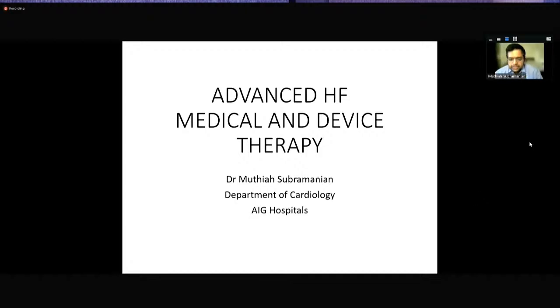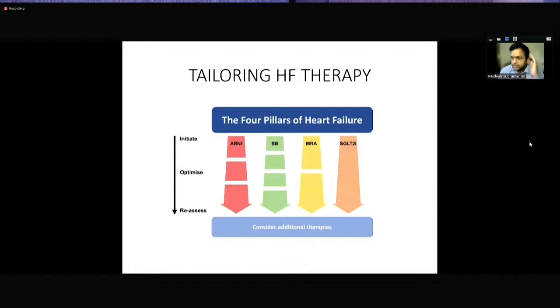Sure, sir. So I think we're just setting the stage for subsequent discussion on who needs a mechanical circulatory device. So what are the options we currently have for patients with advanced heart failure in terms of medical and device therapy? Now, in the last 2 years, we've seen this 4-pillar concept for heart failure management in terms of medical therapy with your ARNI, beta blocker, mineralocorticoid antagonist, and SGLT2 inhibitors.